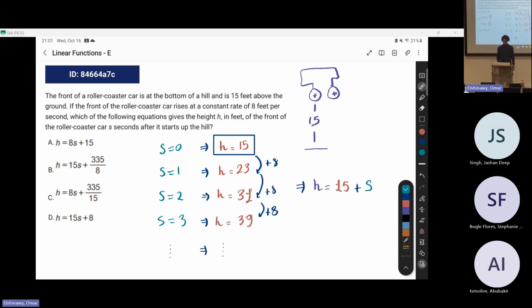No, that's wrong. That's not correct. Okay, this is not accurate. So what I want to say is you take a certain step with each second, and this step is 8 feet. So that's how it works. So it's 15 plus s times 8.